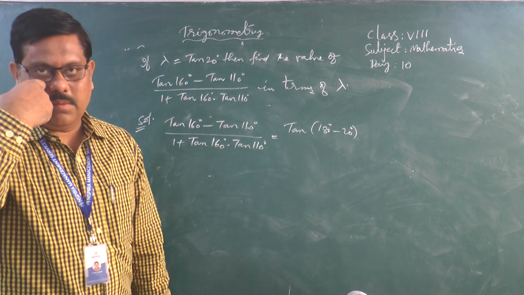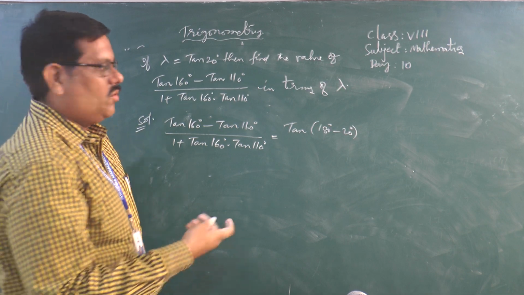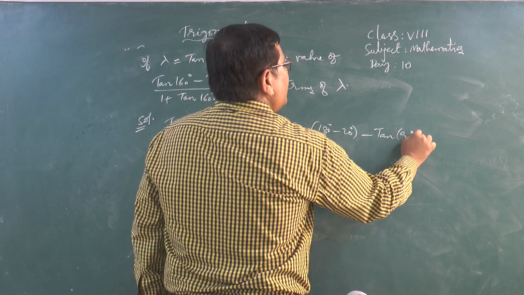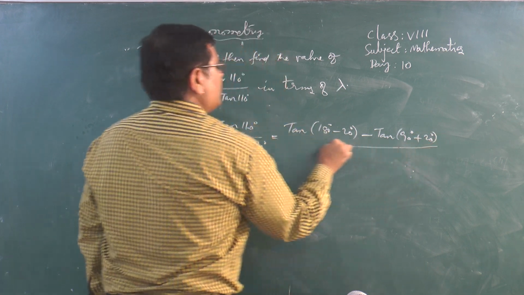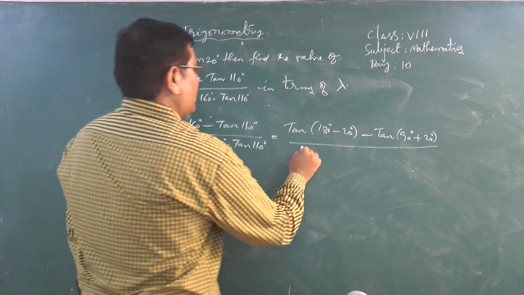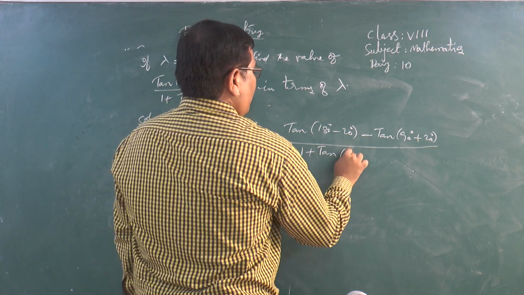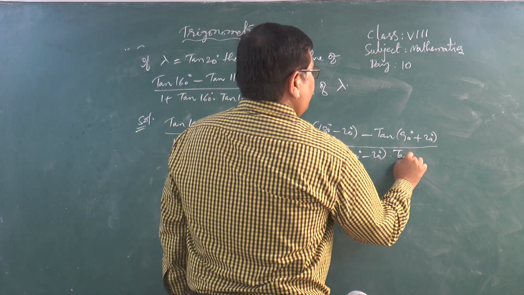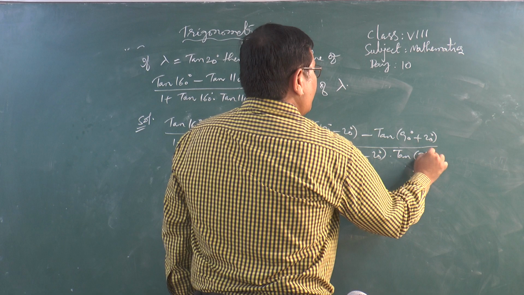We are changing the form: 160 is 180 minus 20, both are the same. Tan 110 degrees we are writing as tan of 90 degrees plus 20 degrees, nothing wrong because 110 is equivalent to 90 plus 20. Next, 1 plus the same thing here also, tan 180 minus 20 into tan 90 degrees plus 20 degrees.